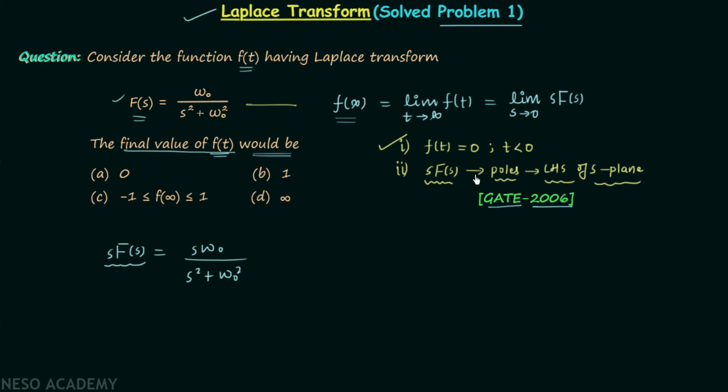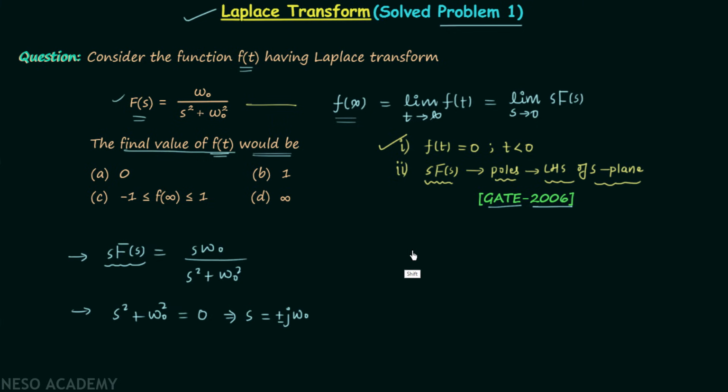Now to find out the poles, we will equate the denominator with 0. So let's equate the denominator, which is s square plus omega naught square, with 0. And solving this, you will get s is equal to plus minus j omega naught.